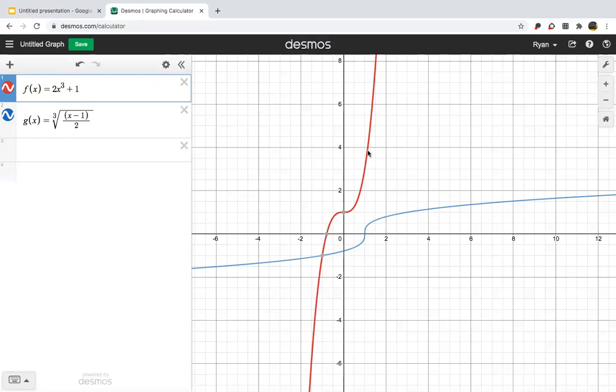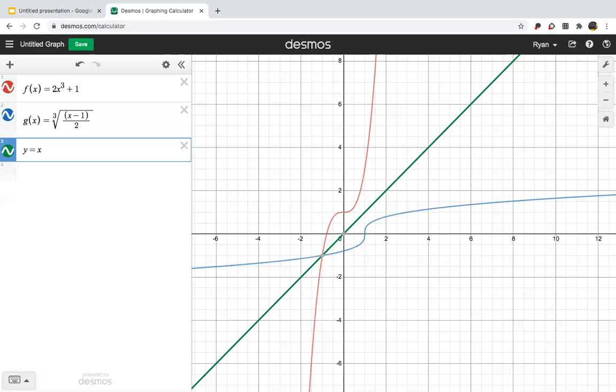Well, what happened is the following. Remember when we did f of g of x and g of f of x on the previous slide, we had x for both of them. So what you've actually found there is the identity function. So if I plug in y equals x, you'll see that's a straight line with a slope of 1 cutting through the origin, and that is a mirror line, or a line of symmetry or reflection.